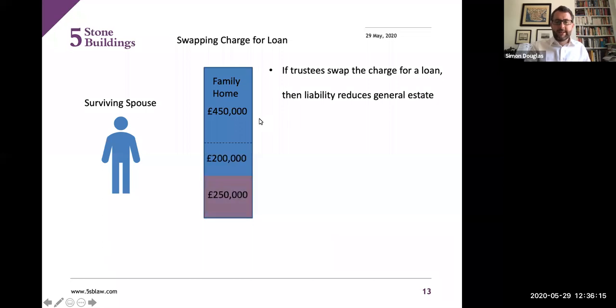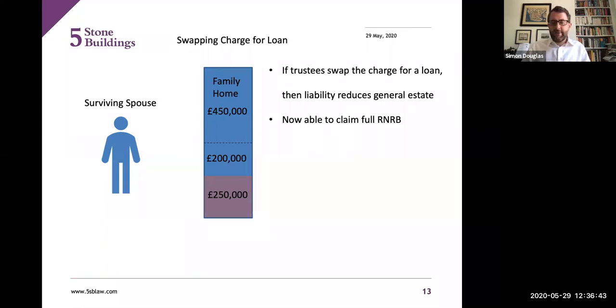But the liability has now been transferred to their general estate. And that means they are now free to claim the entire residence nil rate band on the surviving spouse's death. So by swapping a charge for an unsecured loan, you free up the surviving spouse's estate to claim the entire residence enhancement.